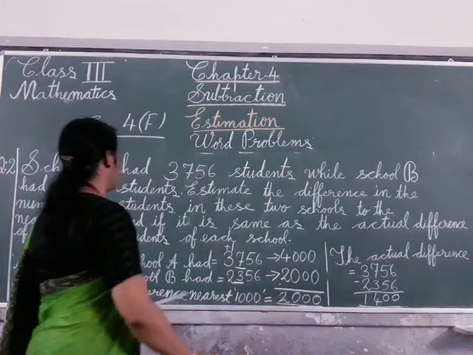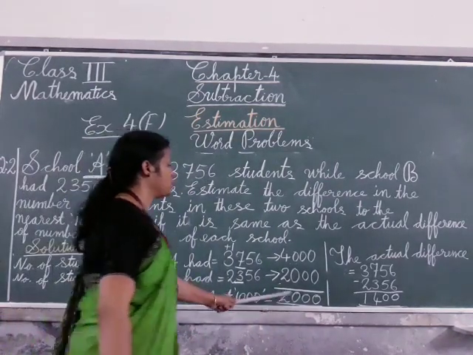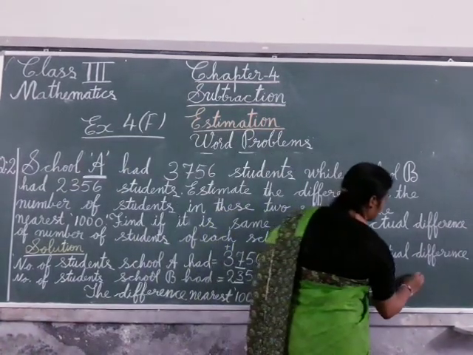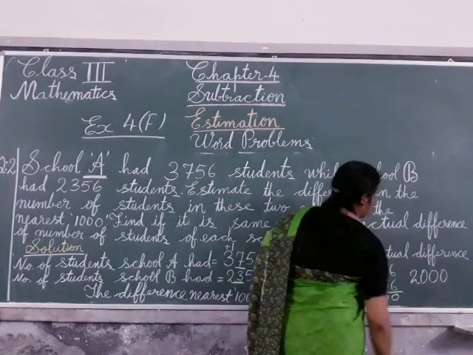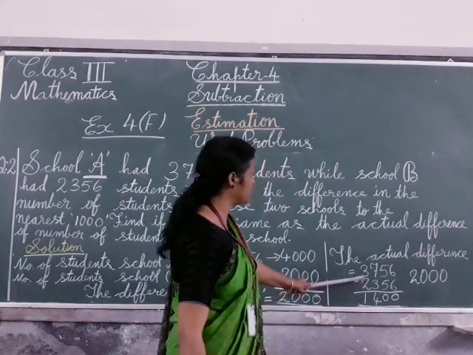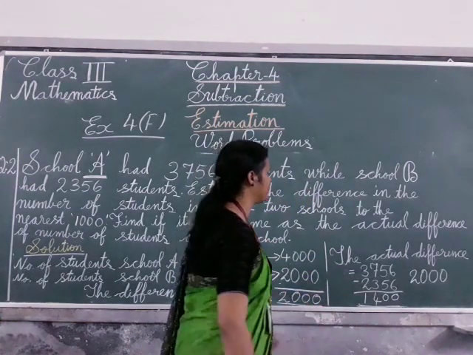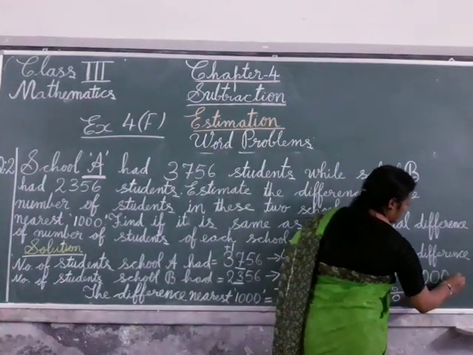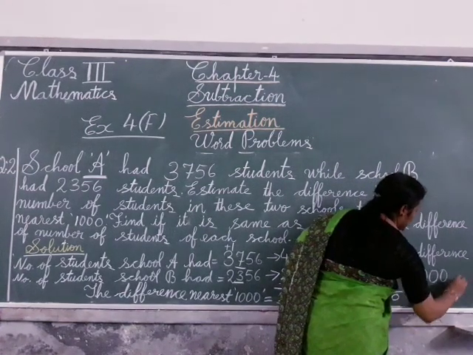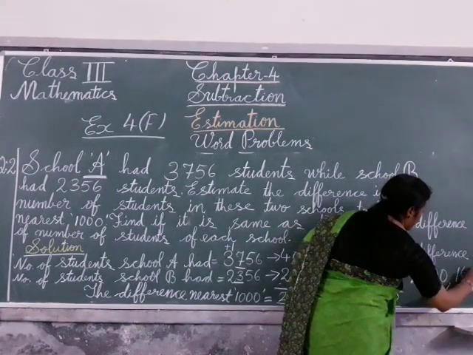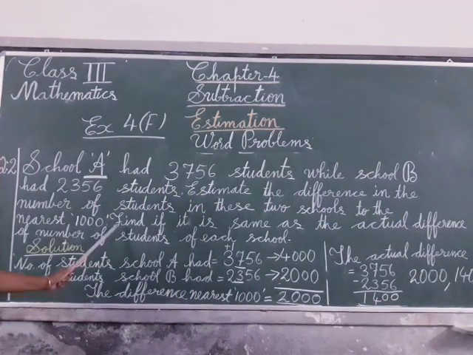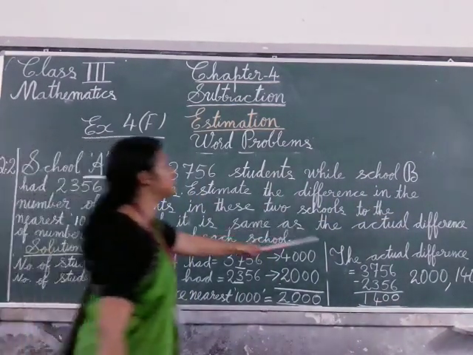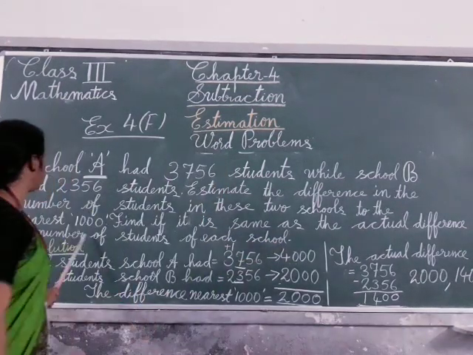So the difference nearest 1,000 we are getting is 2,000, and the actual difference we are getting as 1,400.